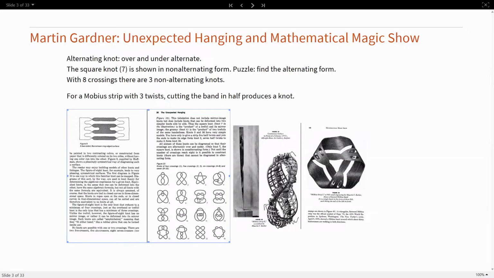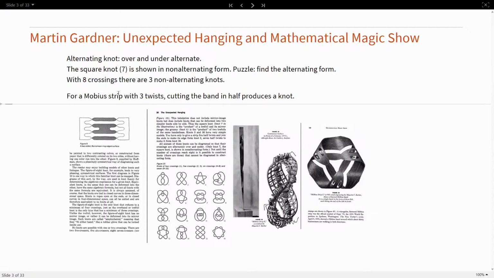So one puzzle you might want to think about is taking a square knot and trying to find its alternating form. With 8 crossings, there are 3 knots that you cannot make into an alternating form, and I'll be showing those on the next page. Another item he showed was how Mobius strips could do odd things.